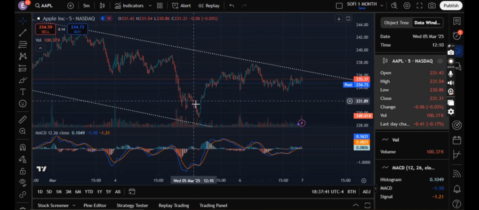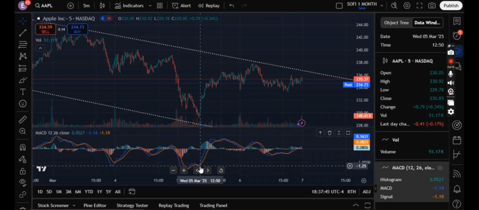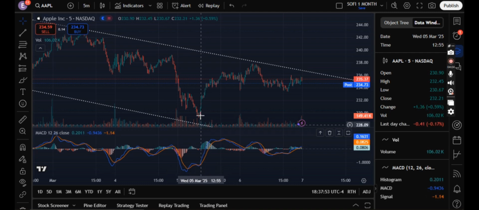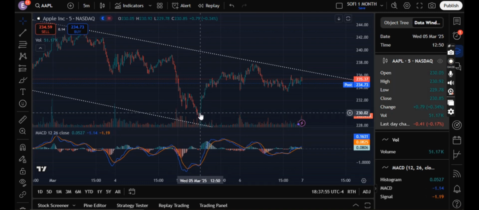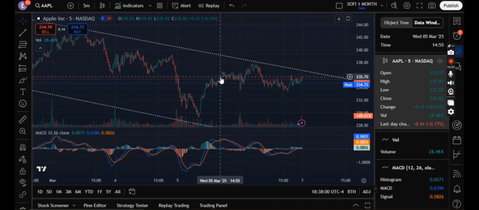Alright, and the other cycle would have been right here. Again, you're looking at the MACD, blue line going up, going over the orange line right here. Boom, from 230 to 235.